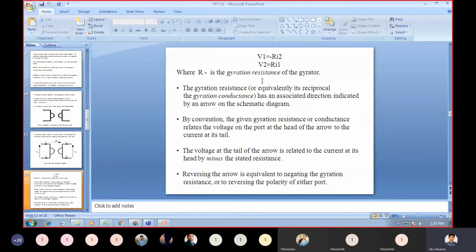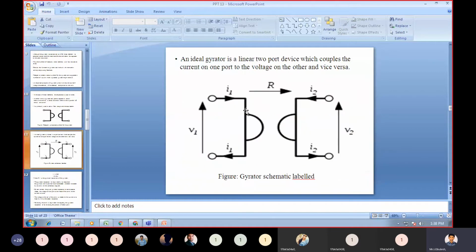The gyration resistance has an associated direction indicated by an arrow on the schematic diagram. Just see it in this schematic diagram. So how to indicate this gyration resistance?